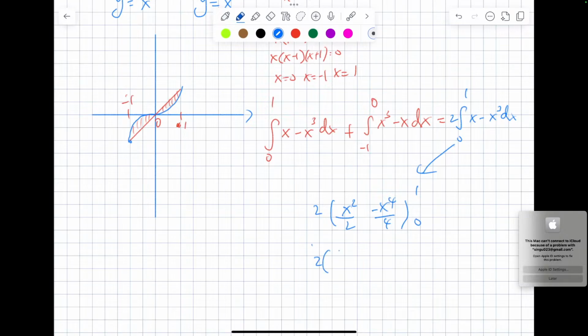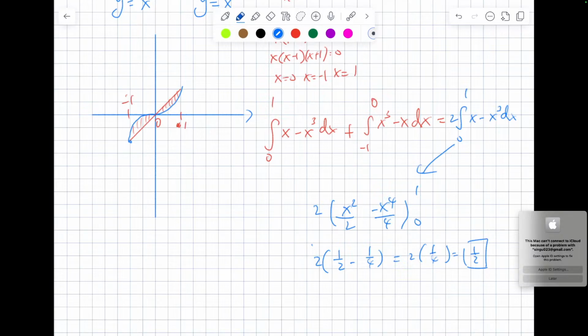So it's going to be 2 times 1/2 minus 1/4, which is 2 times 1/4, which is equal to 1/2. So both areas together are 1/2. Each area is 1/4. If you do it individually, you're going to get 1/4 for each. And then your total answer should be 1/2.